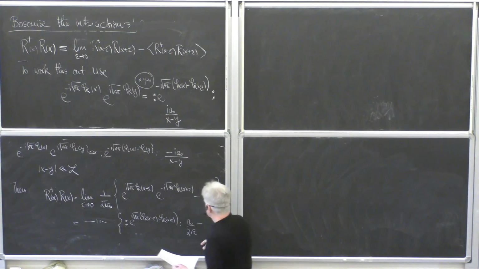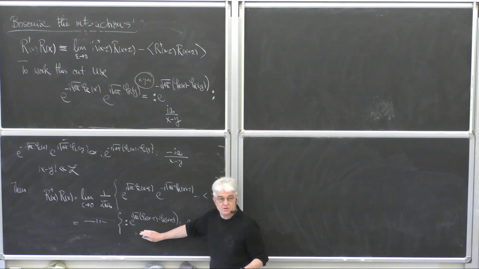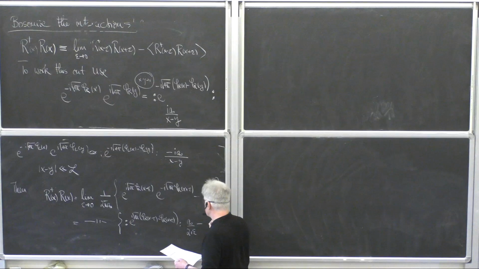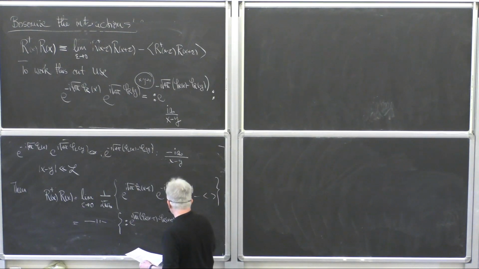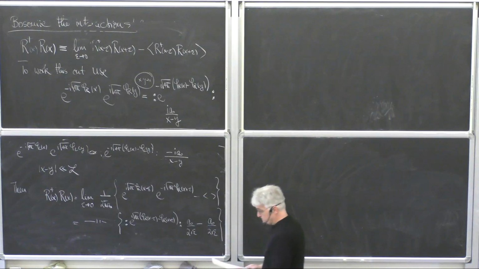And then I get minus the ground state expectation value, but the ground state expectation value of a normal ordered vertex operator was just 1. So this is minus a naught divided by 2i epsilon. Yeah, that's what I want to write.